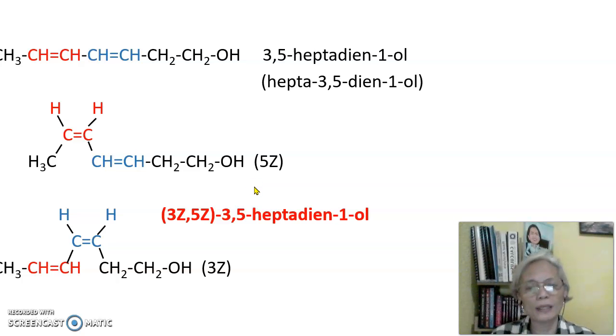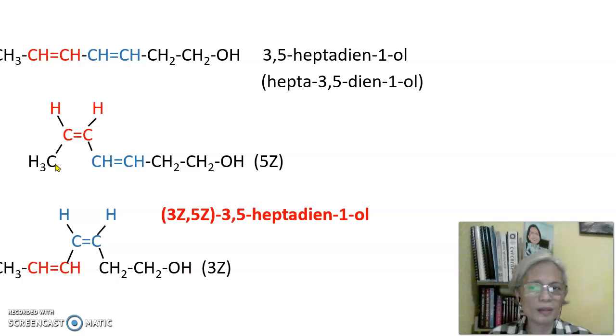Okay, let's recall. For Z, the priority groups are on the same side of the plane. For E, opposite sides. How do we compare again? You compare the substituents attached to a single carbon. So this carbon, for example, we compare hydrogen and carbon.